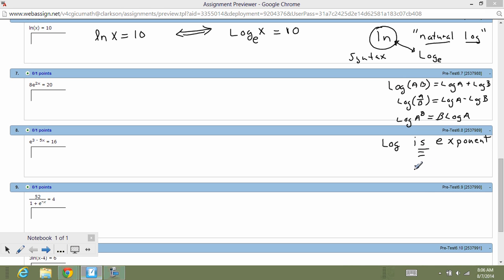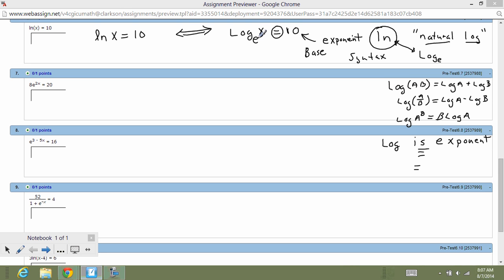A log is an exponent. So this 10 is an exponent. That 10 is representing an exponent of some base.